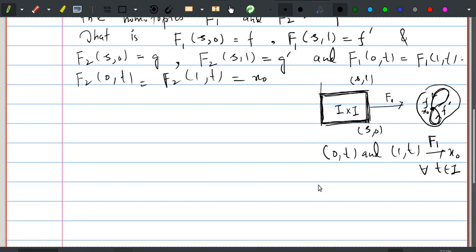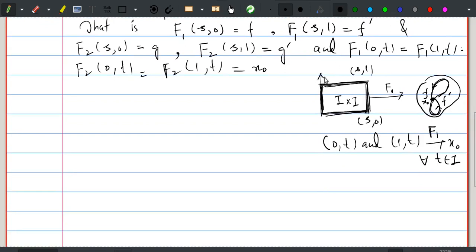Similarly, the same is the case with F2.